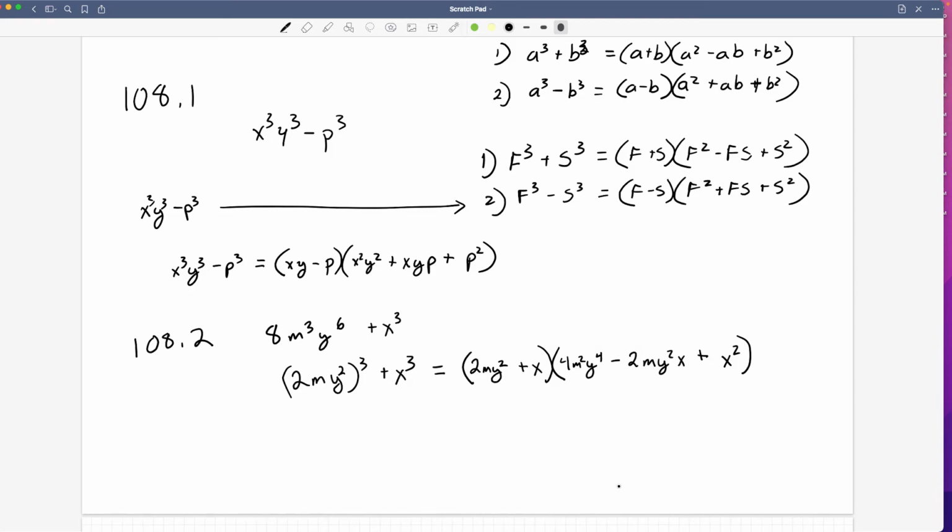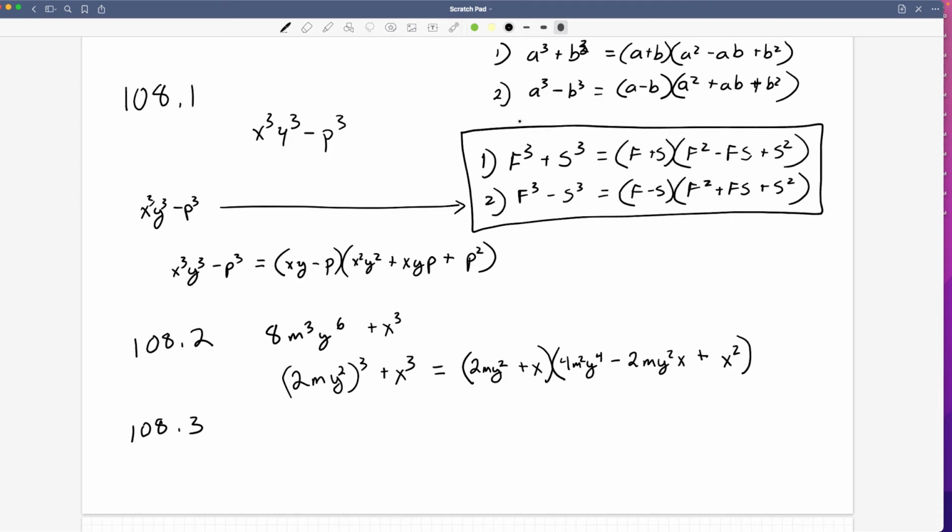So that is the answer to 108.2. Let's see if we can do one more. Let's do 108.3. These are really, once you figure out the format, you're going to want to put these in your notebook on the back cover and call it the sum and difference format of two cubes.